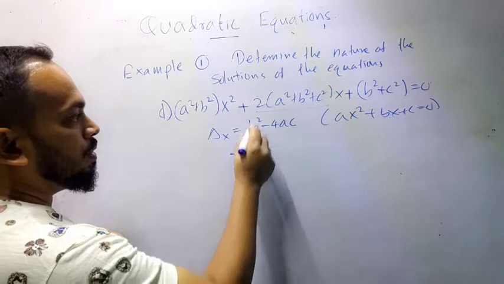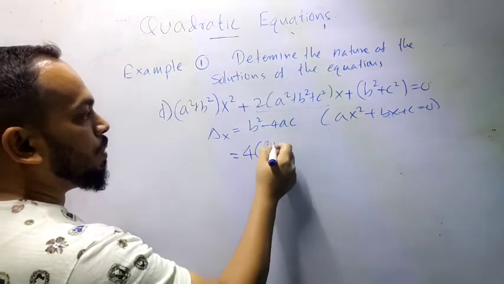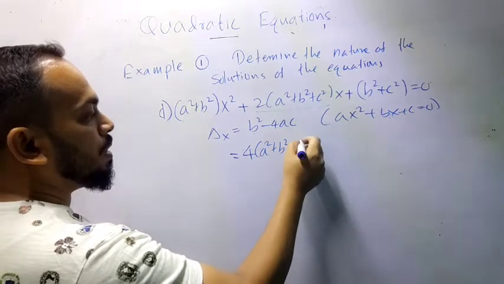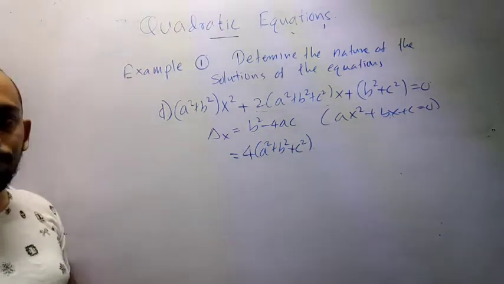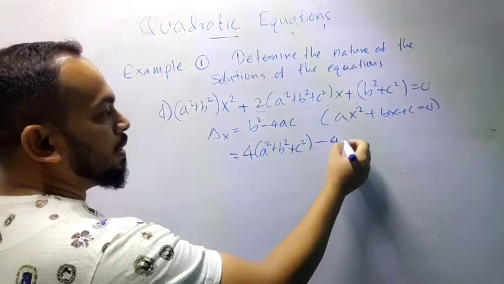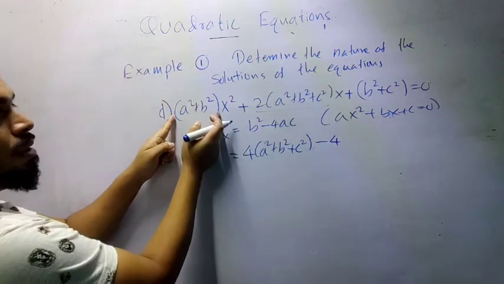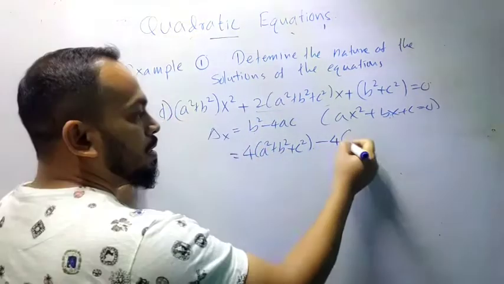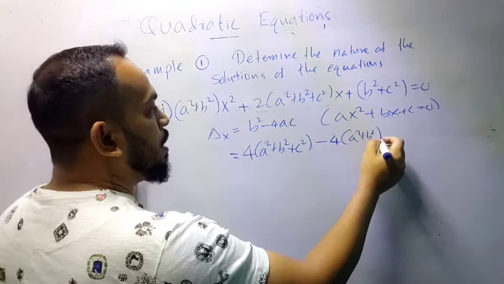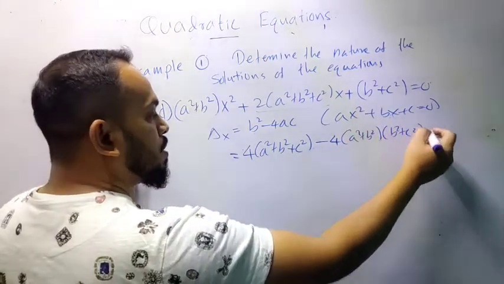So this thing squared gives you 4 times a squared plus b squared plus c squared, all squared, minus 4 times a, being the coefficient of x squared, that is a squared plus b squared, then the constant, b squared plus c squared. So this is squared here.